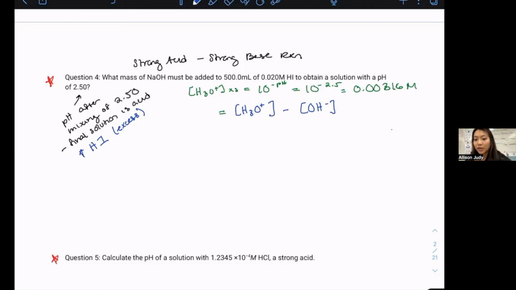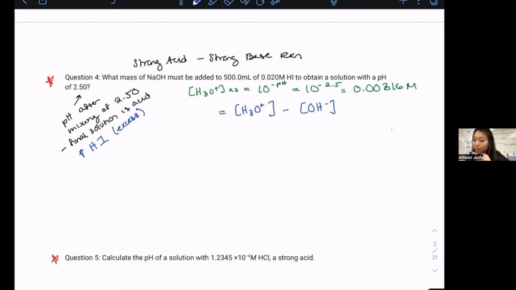Because here we have a 1-to-1 ratio, because for every 1 H I have 1 OH minus according to my strong acid, strong base. So that's the conceptual understanding. And if I can figure out what H3O plus was overall, then I can figure out what my OH minus is because I know what my excess has to be.